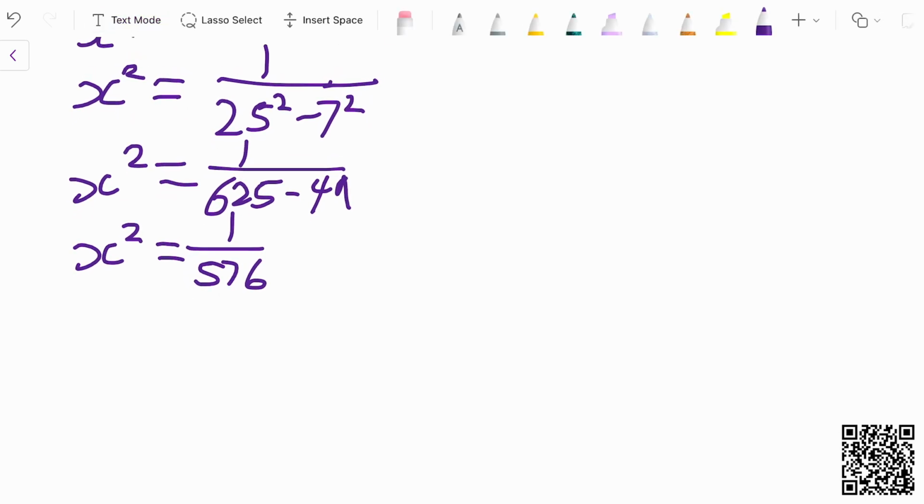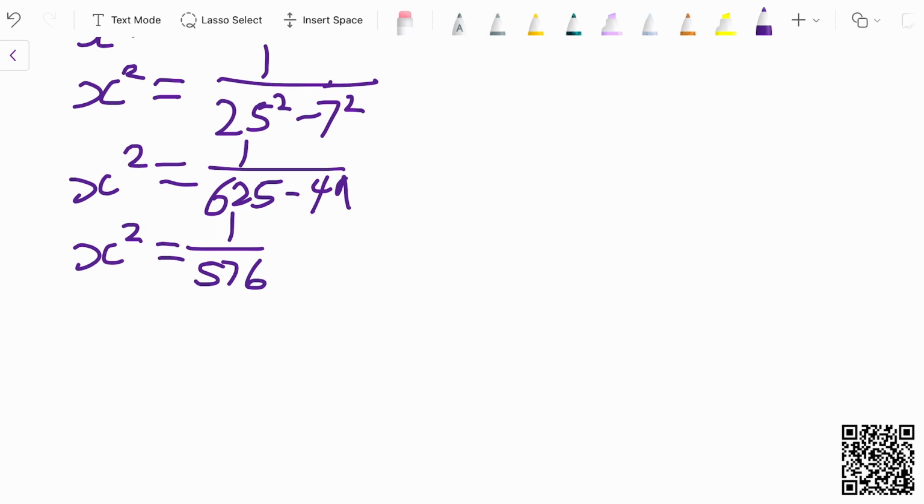And since 576 ends in a 6, you can tell the only numbers that would multiply to a 6 at the end would be a number that ends in a 4 and a number that ends in a 6. And you can see that 25 squared, aka 625, is not far from this number, so it has to be around that general area.